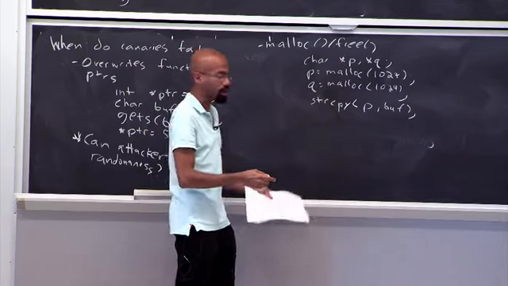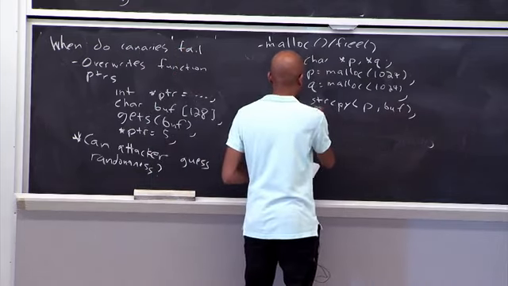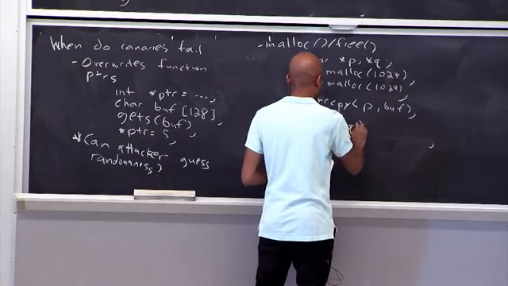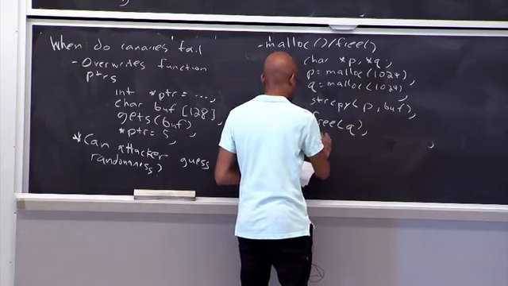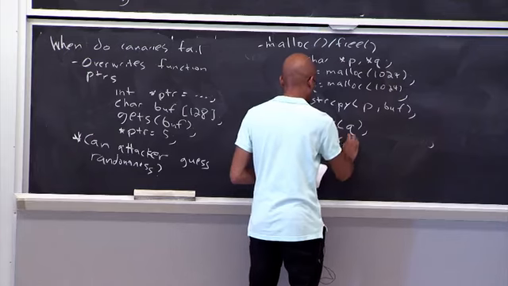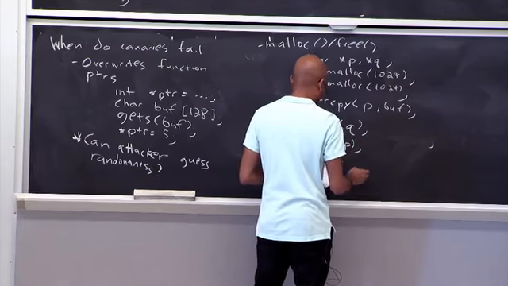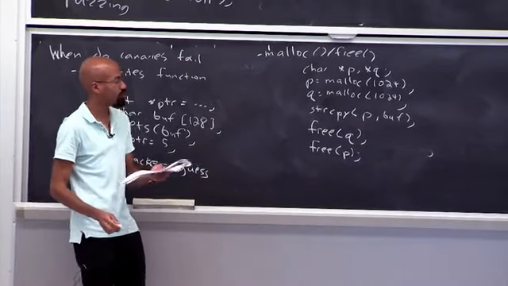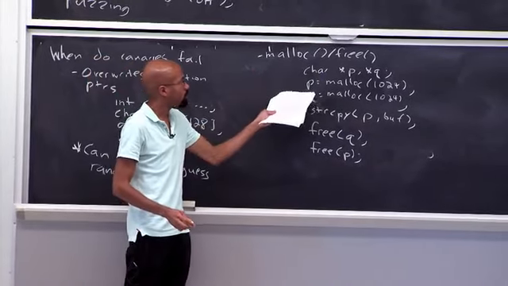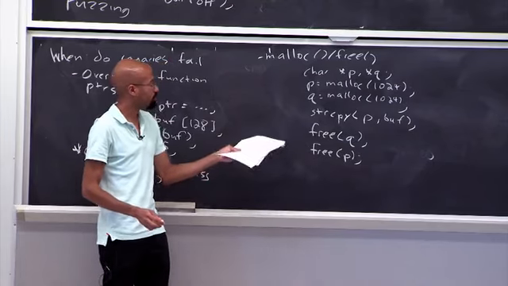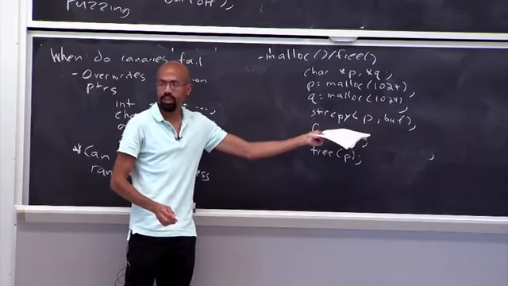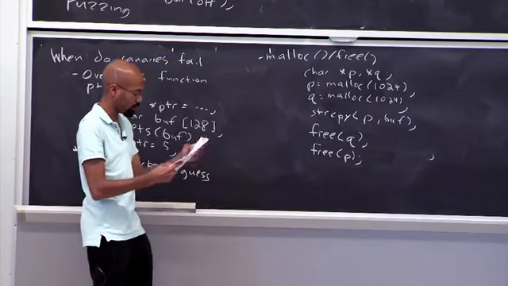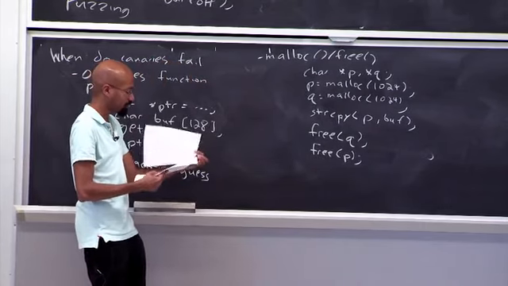Okay, so here's where the overflow happens. And then let's say that we free Q, and then we free P. It's fairly straightforward code: two pointers, we malloc some memory for each one of them, we use one of these unsafe functions, the buffer overflow happens, then we free Q and we free P.